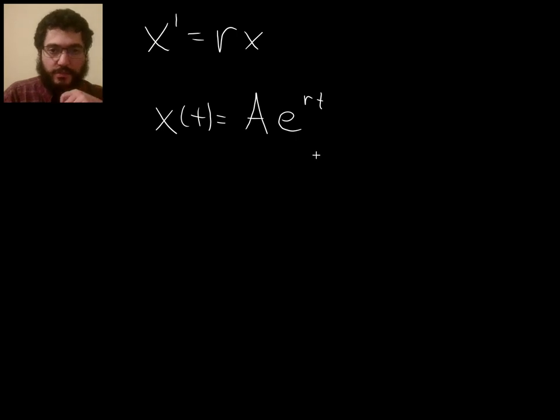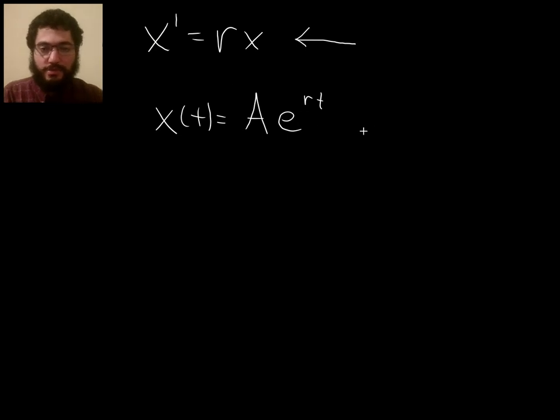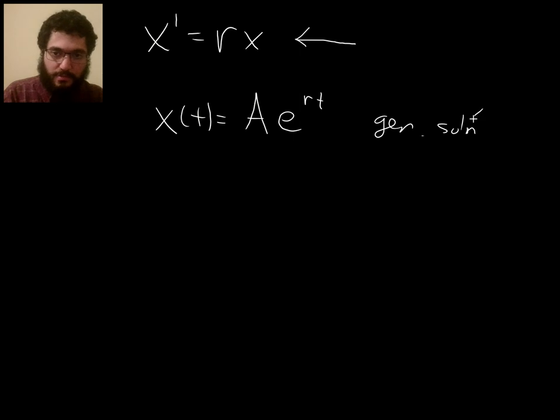So now, starting from a differential equation with a parameter in it, we came up with a general solution which has that same parameter in it. So we have solved all possible x prime equals something times x type equations.